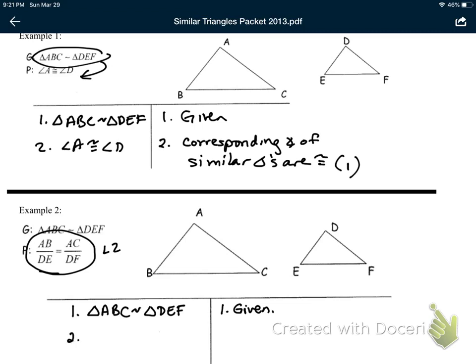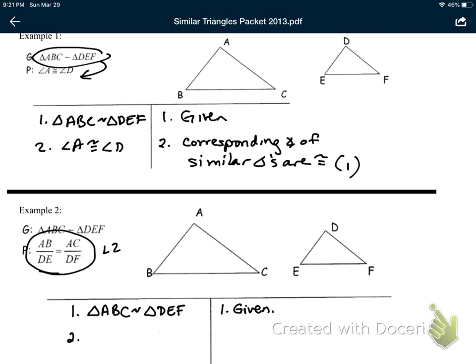Now, here's a pro tip. If this ever appears in a proof statement, there's a technique that I use. I call it the highlighting technique, to find the triangles that I need to prove in order to prove this proportion. It's a little obvious in this example, but I'll show you more later.